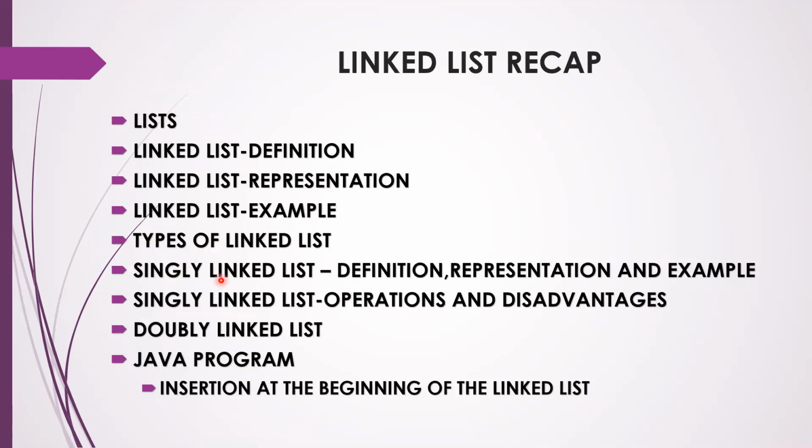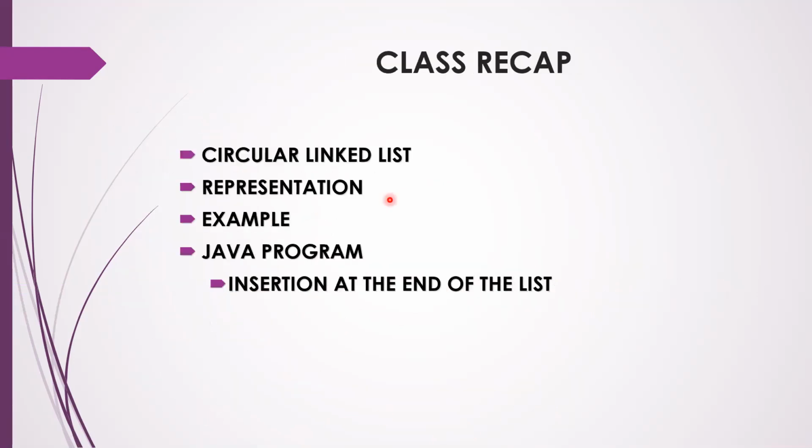And we saw the singly linked list definition, representation, example, its operations and disadvantages, and the doubly linked list, and the Java program based on single linked list insertion at the beginning, and the circular linked list, which is an extension to single and double.